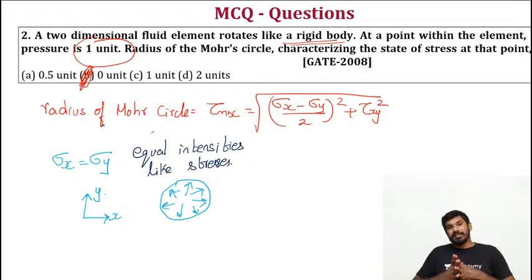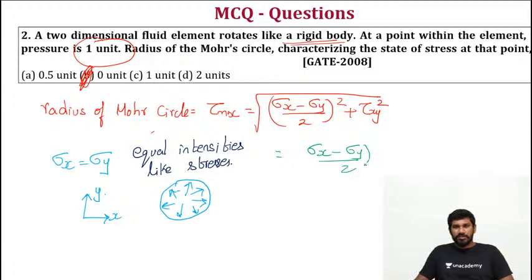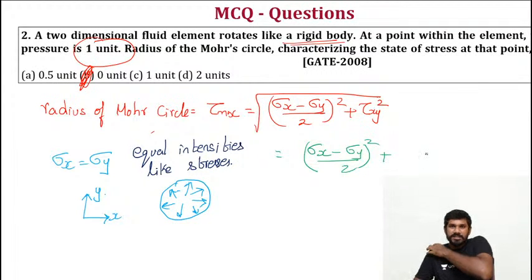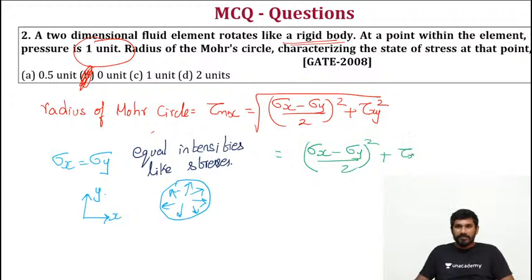So when both values are equal, what will happen if you substitute it here? So (sigma x minus sigma y) by 2 whole square plus tau xy, the shear stress, and I can rewrite it like this.